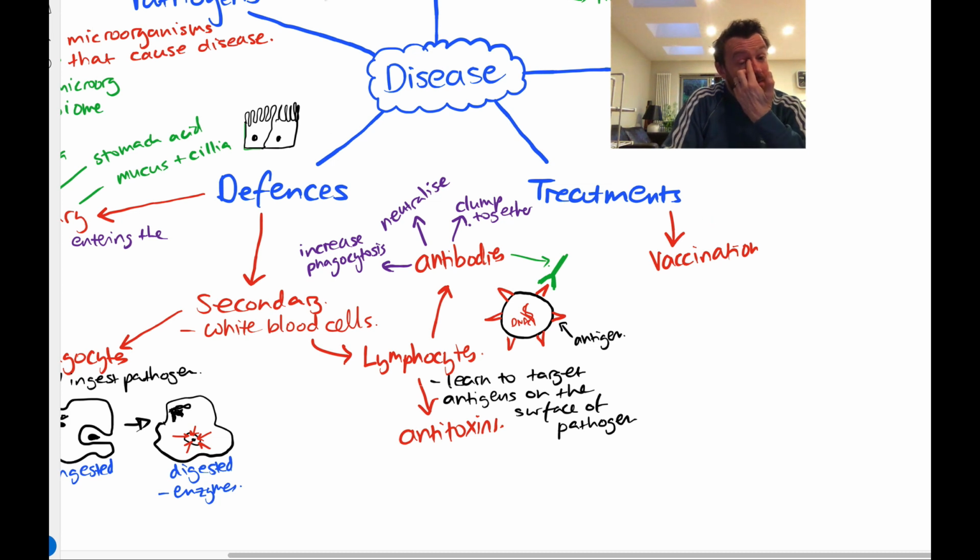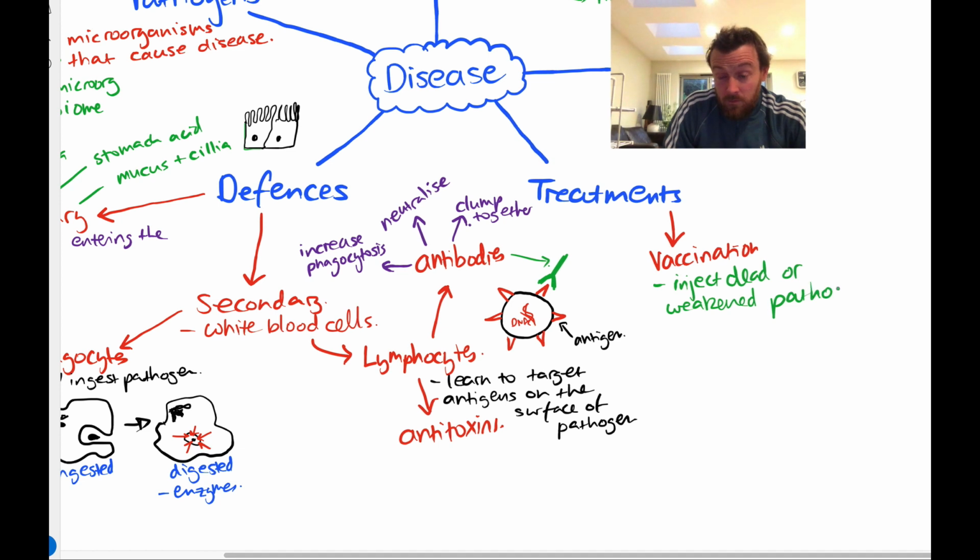Vaccination is injecting a dead or weakened pathogen so that the lymphocytes can produce antibodies and antitoxins. I just realized that I didn't say what antitoxins really were.